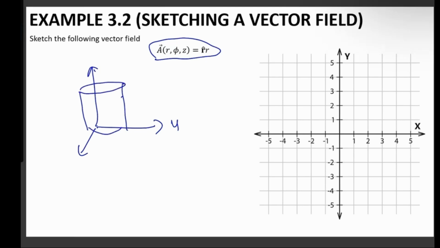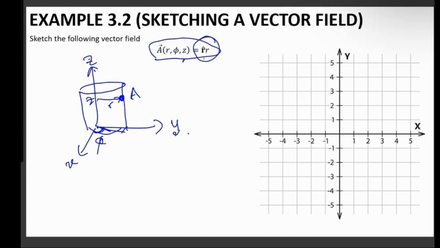Let's say this is point A. This is R, this is the angle phi, and z is this value z. So the given equation is equal to R only.